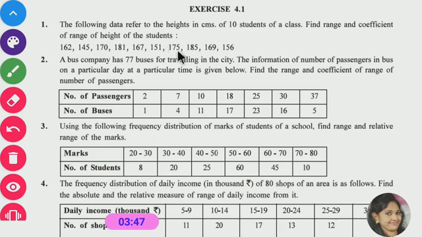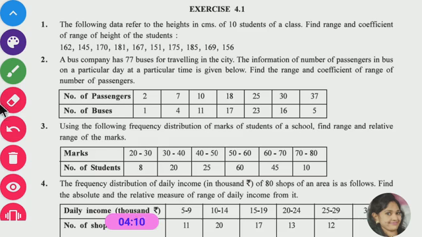And the lowest value is 151. So how can you find the range? R is equal to XH minus XL, and coefficient of range is equal to XH minus XL upon XH plus XL. In this way, same as example number 1, you have to complete it.